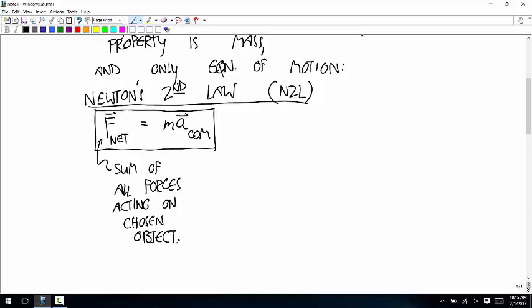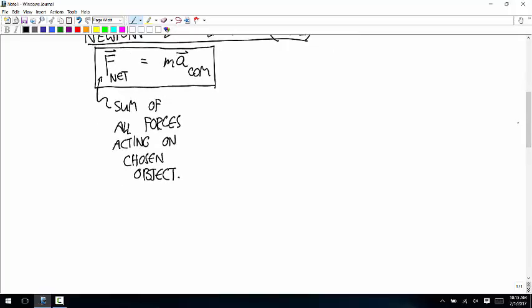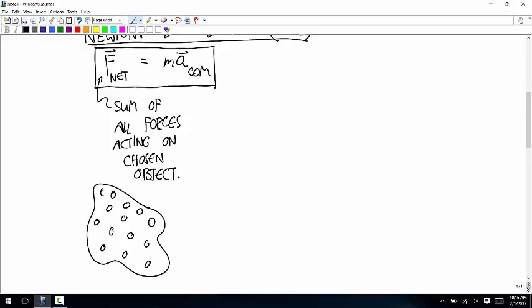Well, so that's sort of an interesting question. So let's think of an object as being a collection of all these particles bouncing around, and we're isolating the whole thing.